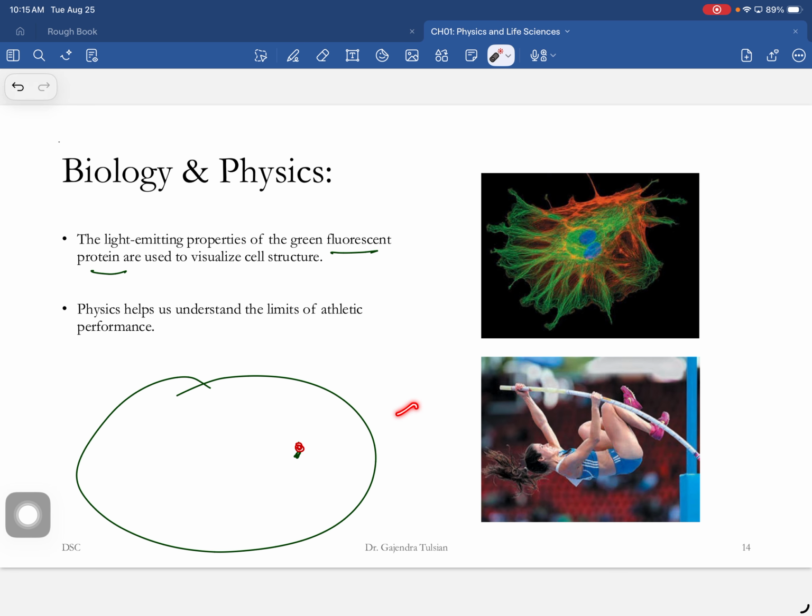Now what you do is you shine UV light on it. UV light, and again I'm simplifying stuff. This molecule absorbs the UV light and emits green light.